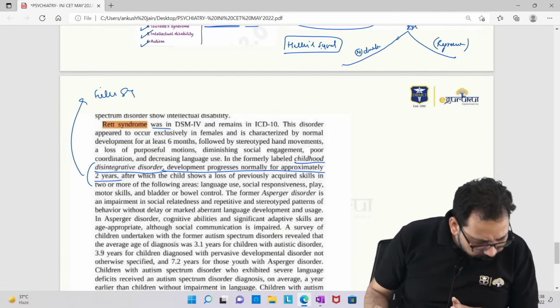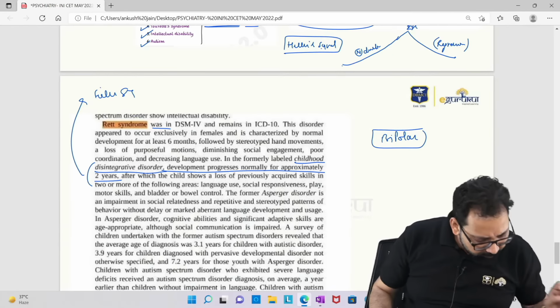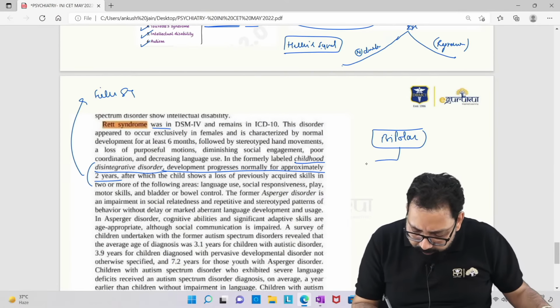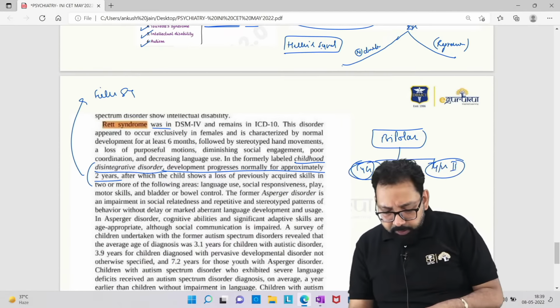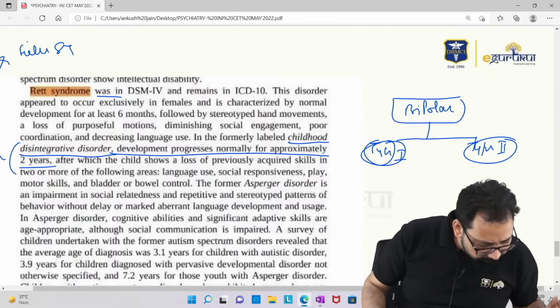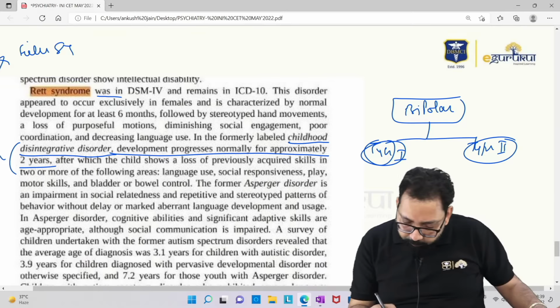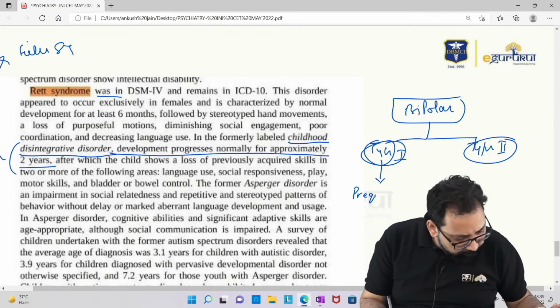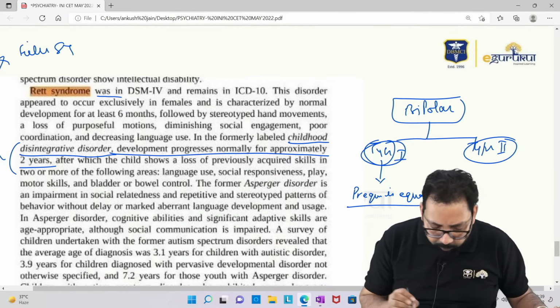Bipolar. One question was on bipolar, type 1 and type 2. Yes, the data are a little bit differing in different textbooks. Let me tell you, bipolar 1, its prevalence is equal in both.